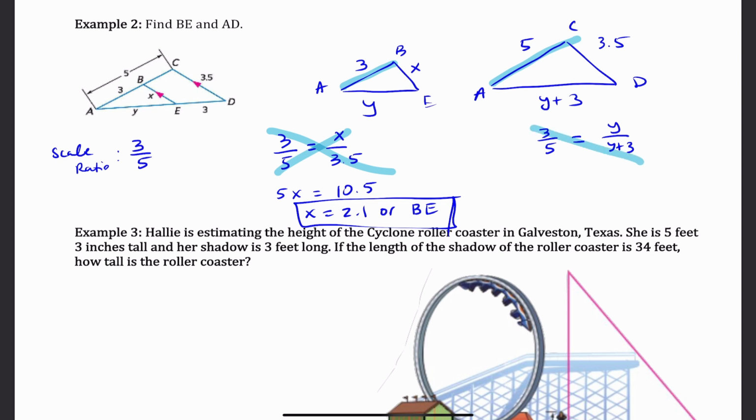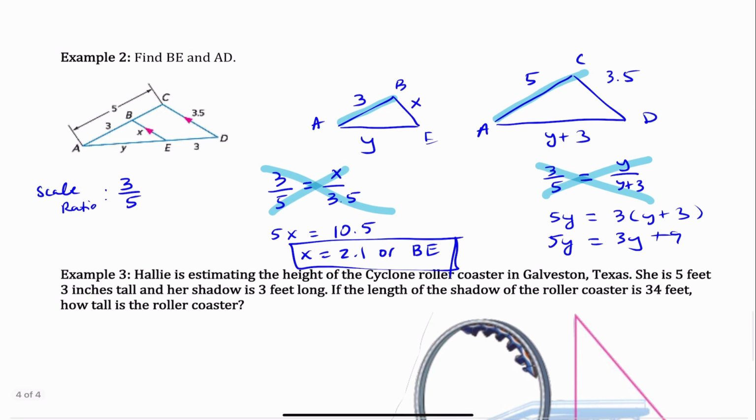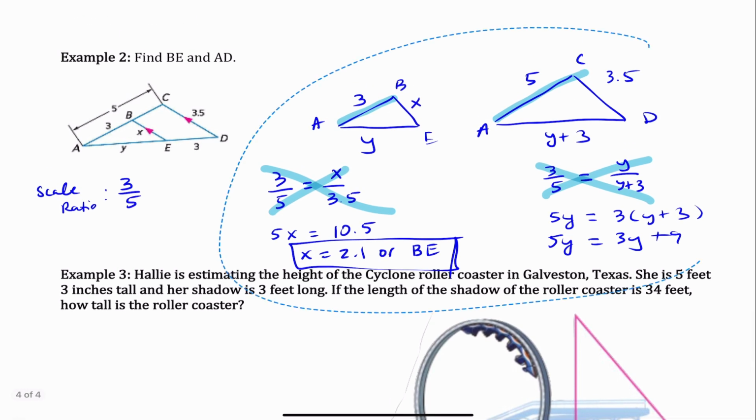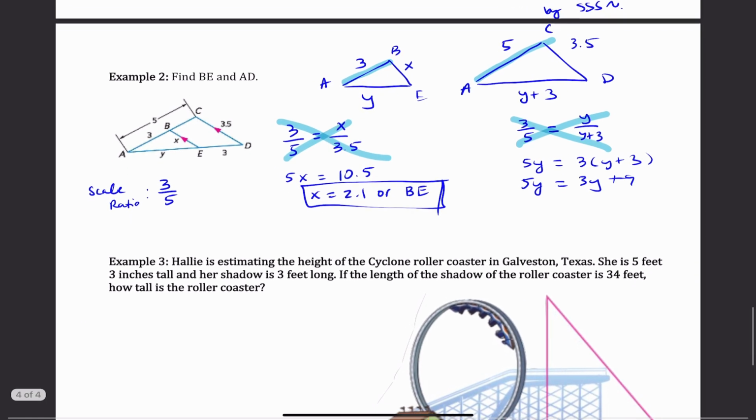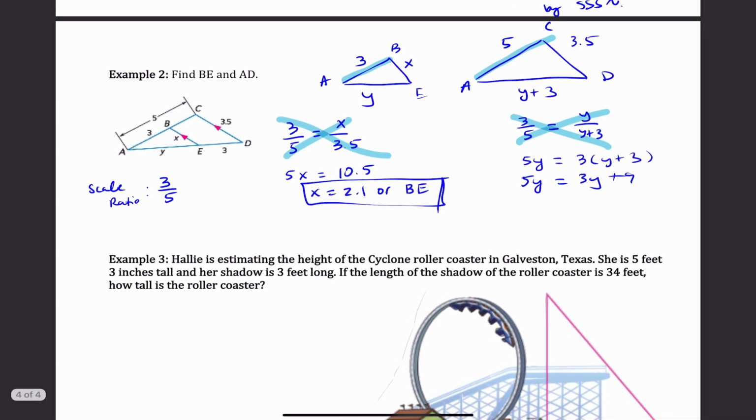Then I'm going to cross multiply. So 5y is equal to 3 times the quantity y plus 3. So I have 5y equals 3y plus 9. And then I need more room, so I'm going to move this up a bit. So I have 2y equals 9, so y is equal to 4.5.